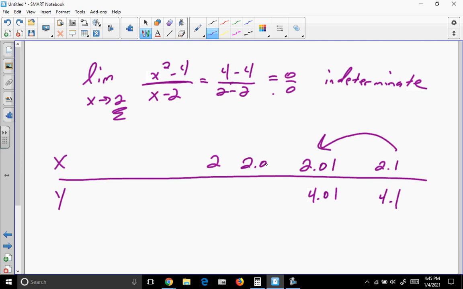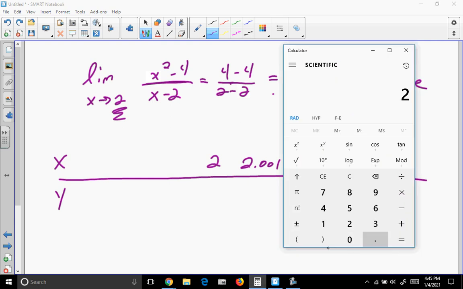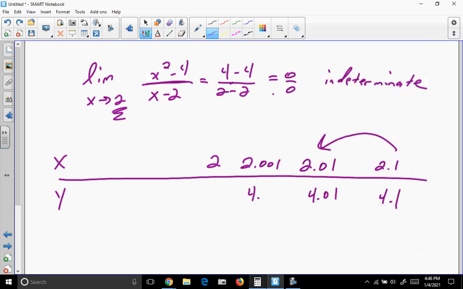If we get even closer, a thousandth to the right, we would get 2.001 squared minus 4 divided by 0.001, and that's 4.001. So notice, not when x reaches 2, because when we reach 2, we're indeterminate.